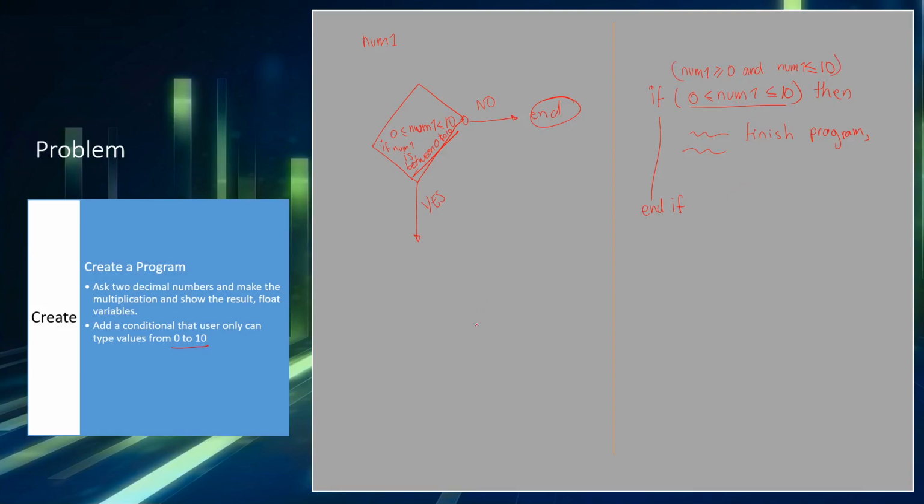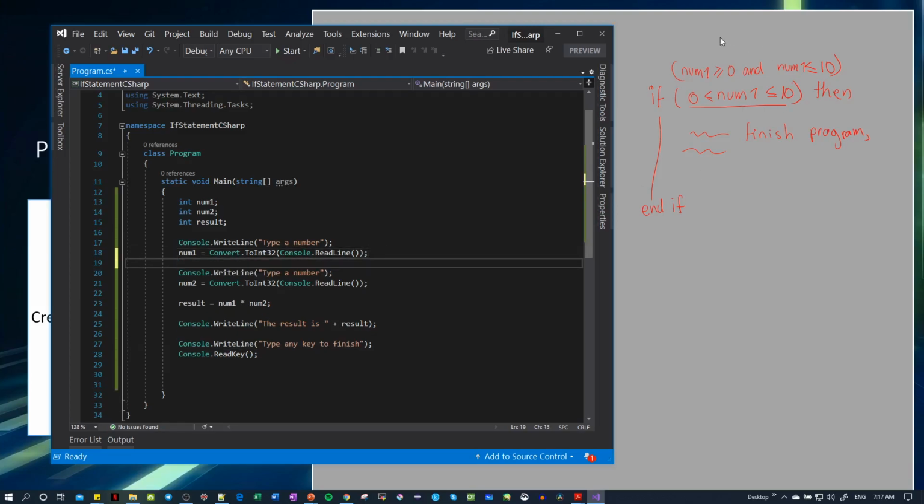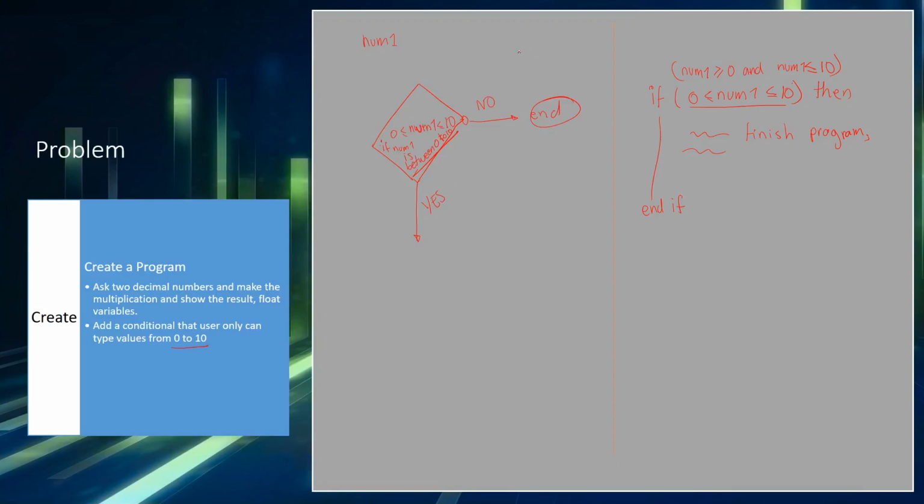So let's move back to the code. Okay, so here we want the if after the user types the number. So let's do like this just to make it more easy to understand.